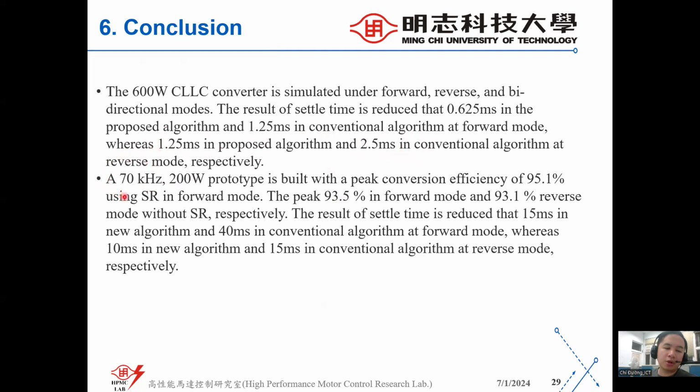With the 7 kHz to 200 watt per time, the peak conversion is improved when we use the SR, and the time is also reduced between the new algorithm and the conventional algorithm in the forward mode and reverse mode.